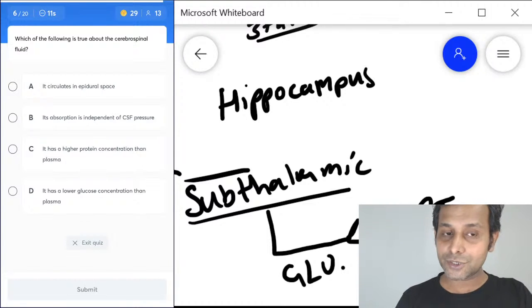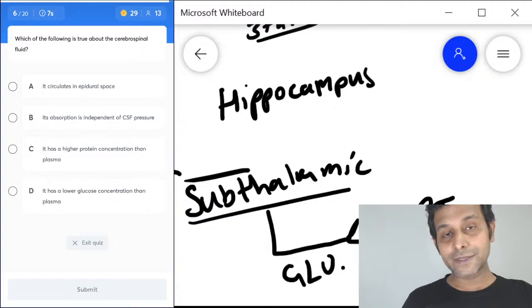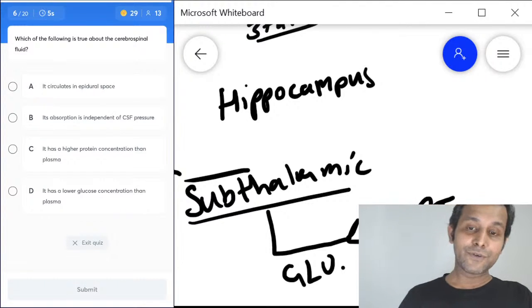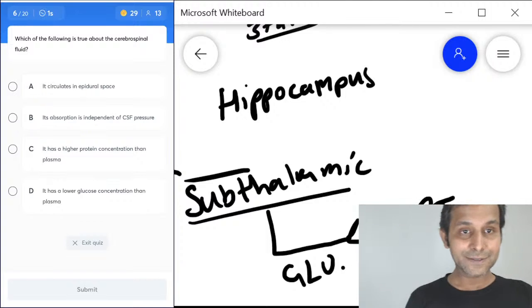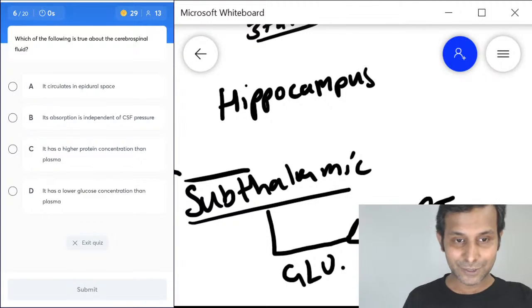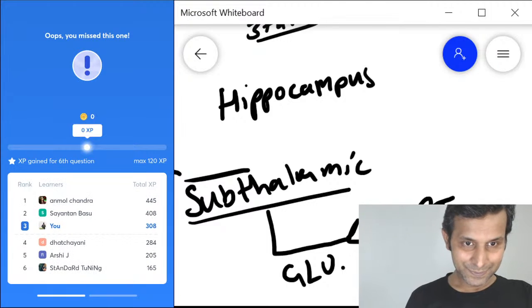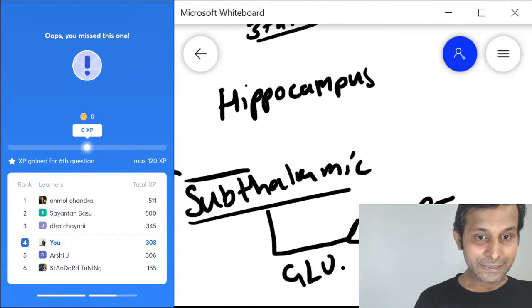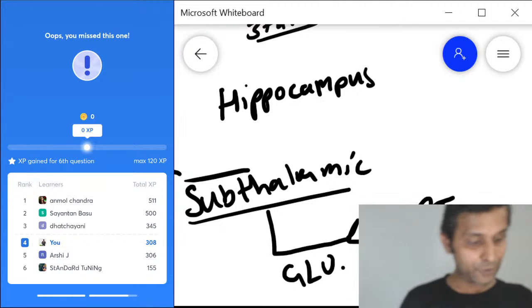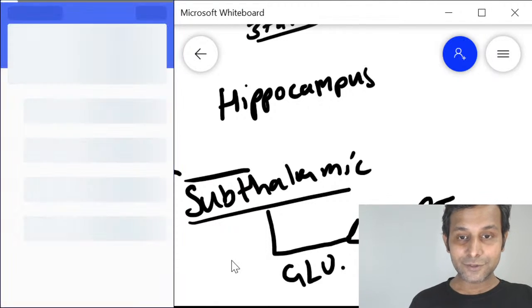A also is not an answer, it doesn't circulate in epidural space, so we are left with the choice. Can you guess the best possible answer now? Yes, the answer is D. So remember, the answer is option D.